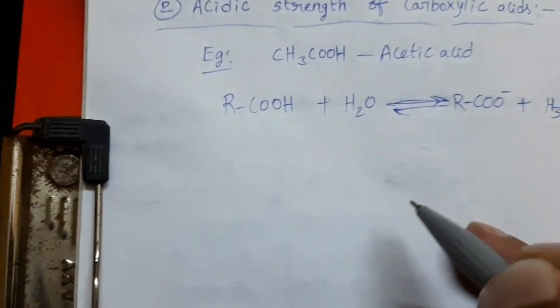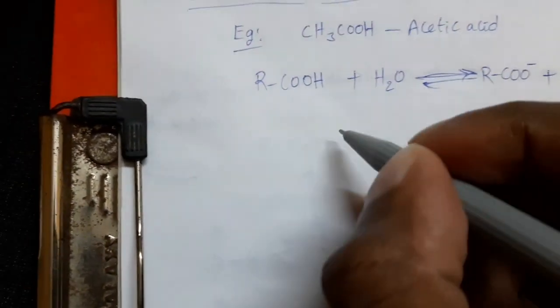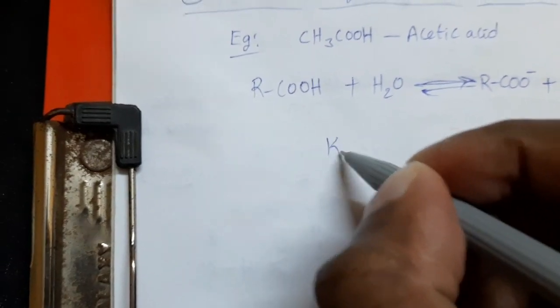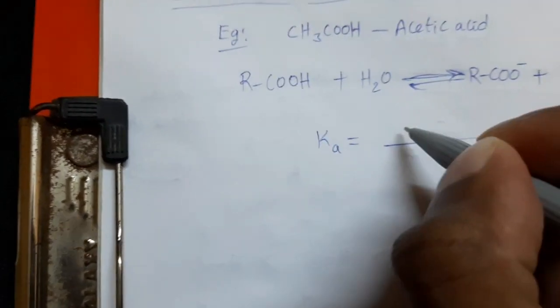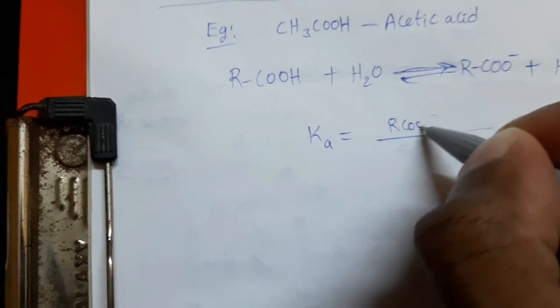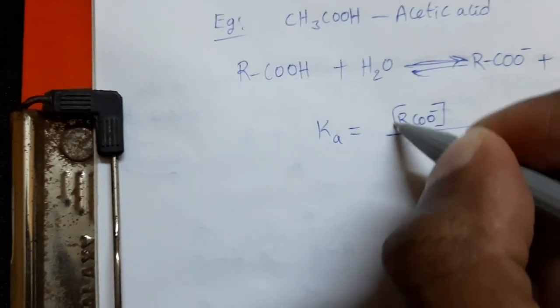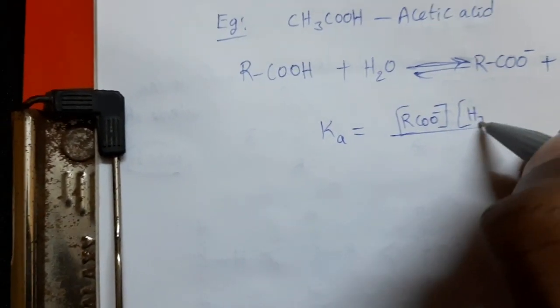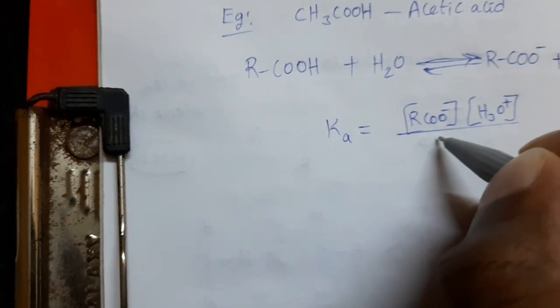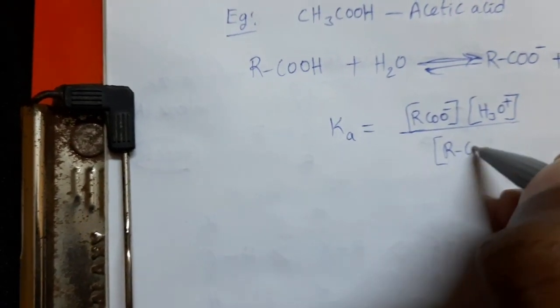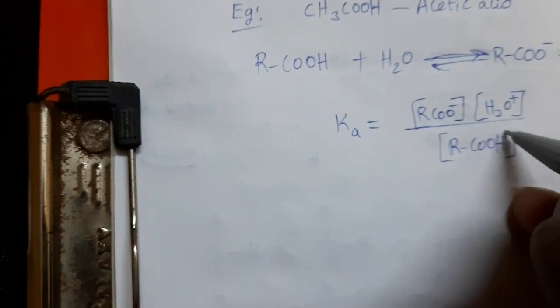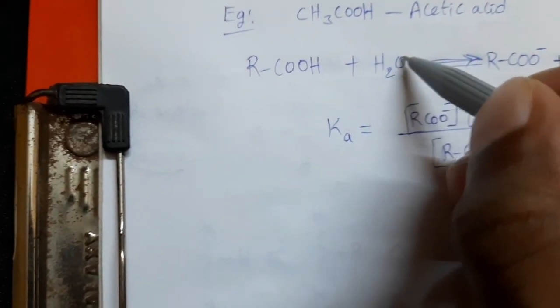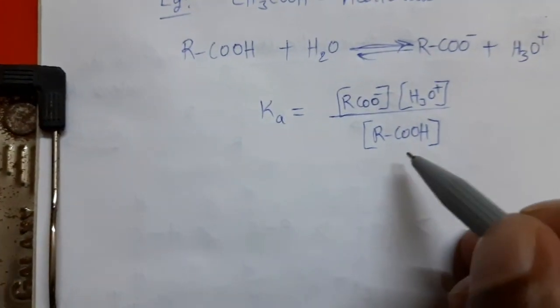Now for this reversible reaction, write the equilibrium constant Ka equal to the product of concentrations of the products divided by the product of concentrations of the reactants. Here the change in concentration of H2O is negligible, so we can write it this way.